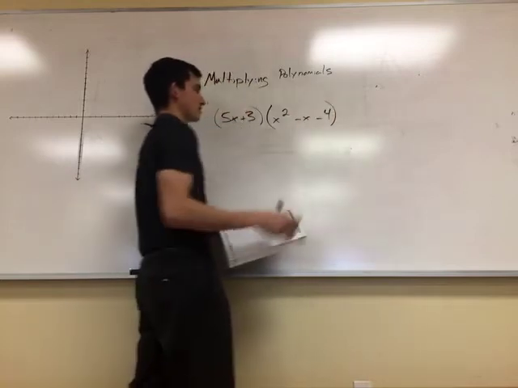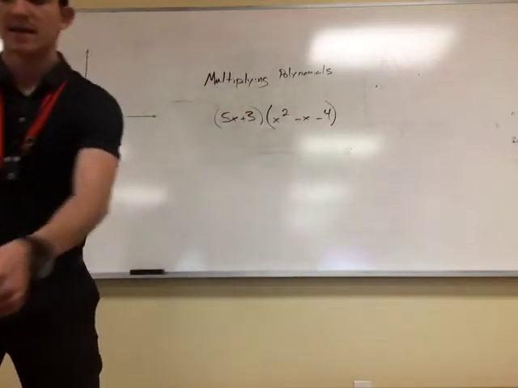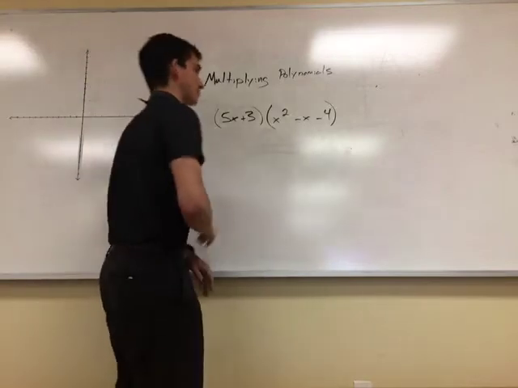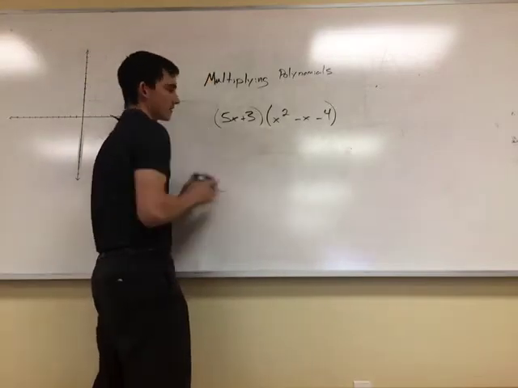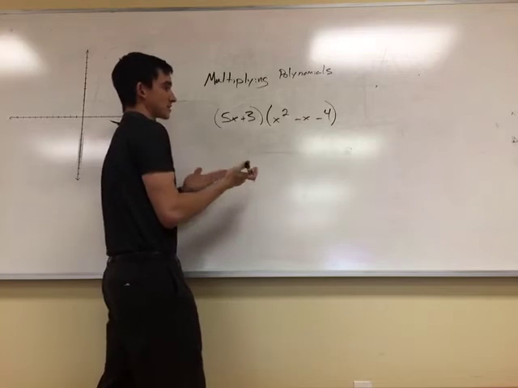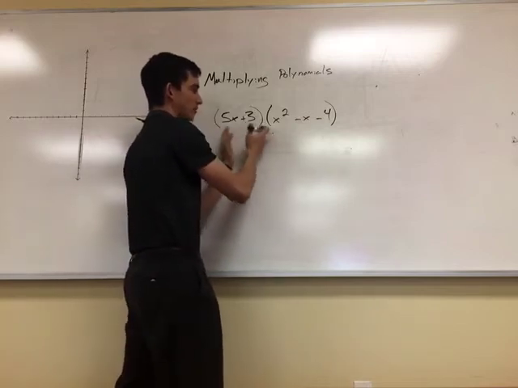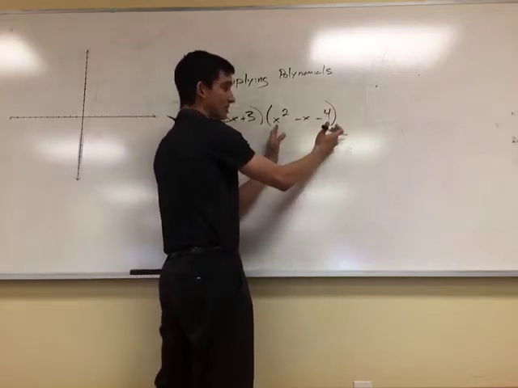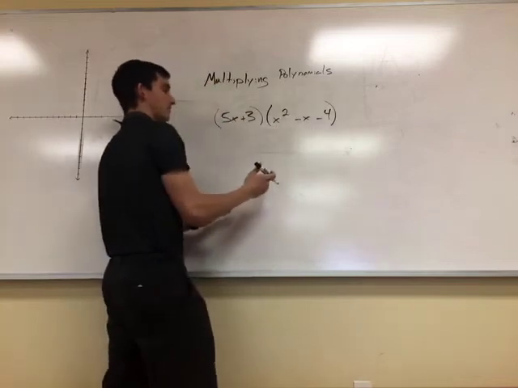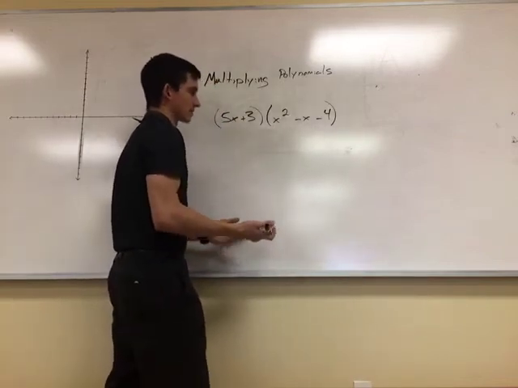The reason this is a great example is because I wanted to prove why, and this is only a great example if you use FOIL. I don't like teaching people to use FOIL just because now we have a binomial multiplied by a trinomial. So FOIL is not going to work.